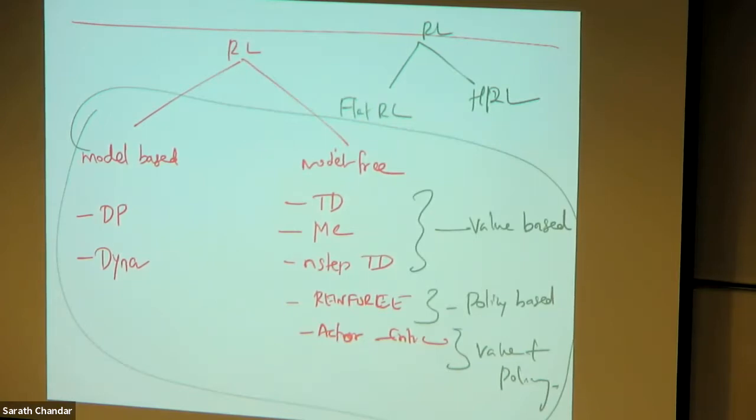Your current state is not enough to take the action. Let's say I'm standing like this. I don't have the view of what is in the back, so I cannot take an action without integrating all the other sources of information. We will develop another variant of MDP, which we are going to call partially observable MDPs, and we will talk about how to do learning with partially observable MDPs. These are the two things that we will cover next week.